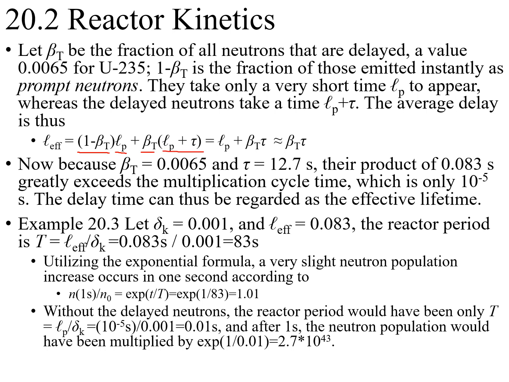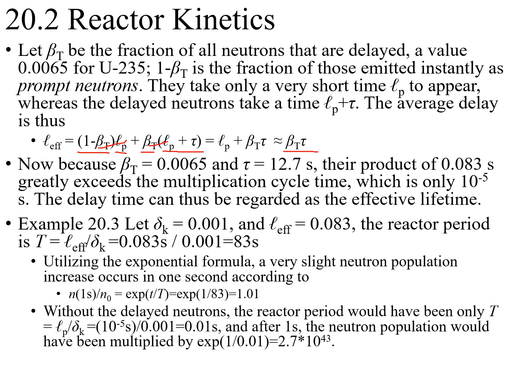You can cancel negative beta T times LP with this part. Then you only have 1 times LP, so you get LP plus beta T times tau. Then LP is much smaller than beta T times tau, so we have the final beta T times tau as your R effective.